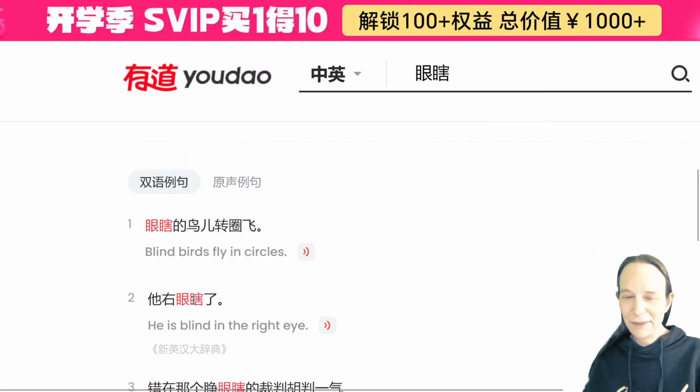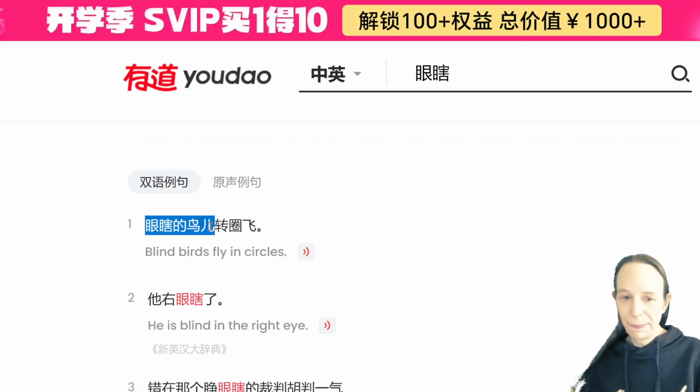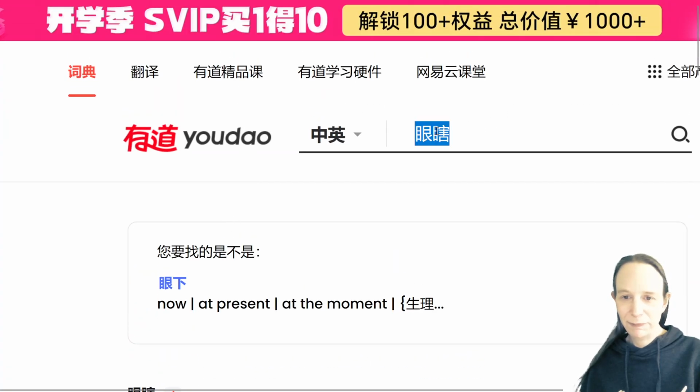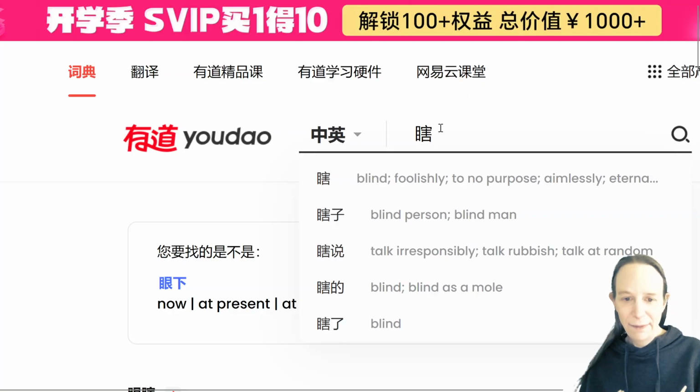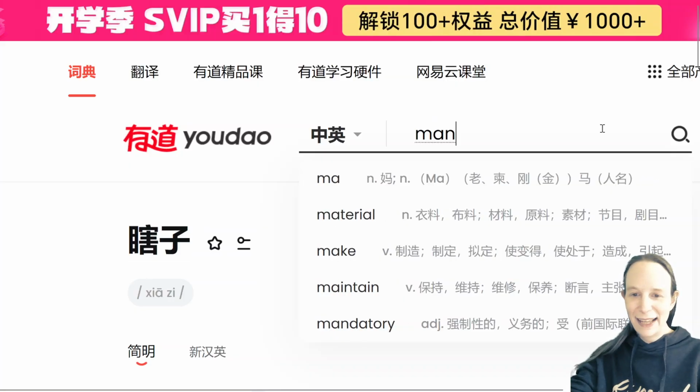So you can use it to literally mean blind. Yeah, this one, 眼瞎的鸟儿. This is the kind of thing I've seen, like blind birds. Oh yeah, 瞎子 is someone who is blind.